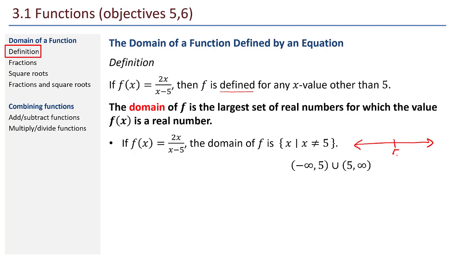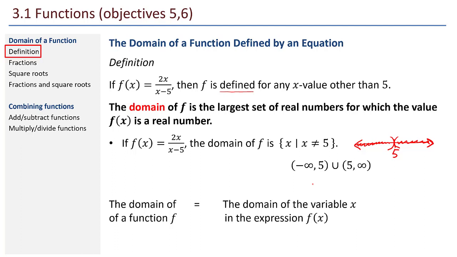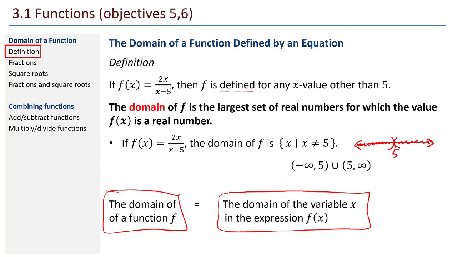I have a 5, then I use a parenthesis this way, I shade in everything to the left, I have a parenthesis that way, shade in everything to the right. So every number is represented except for the number 5. The domain of a function f is a new idea, but we have already seen this idea, the domain of the variable x in an expression. So these two ideas really go hand in hand. It's the same idea.